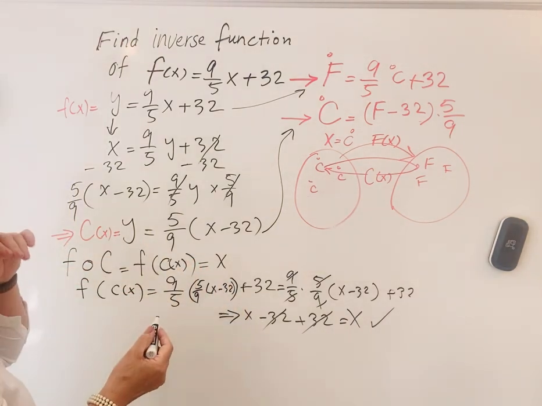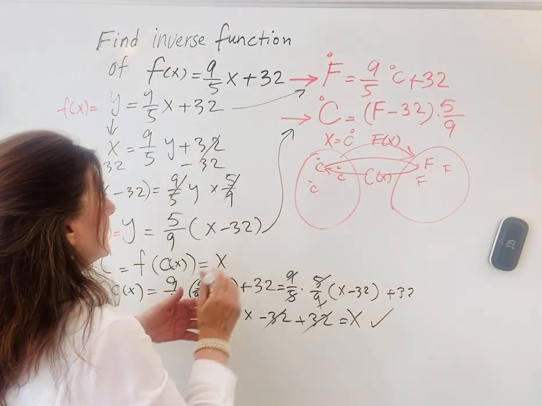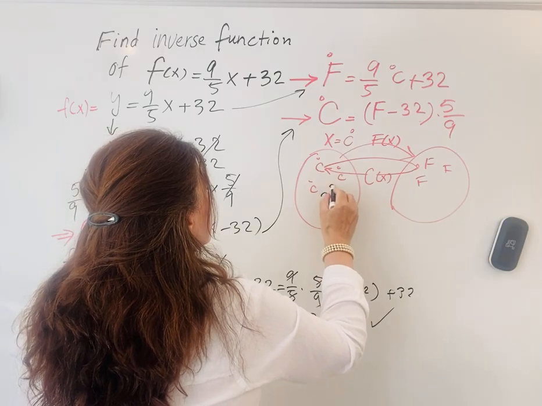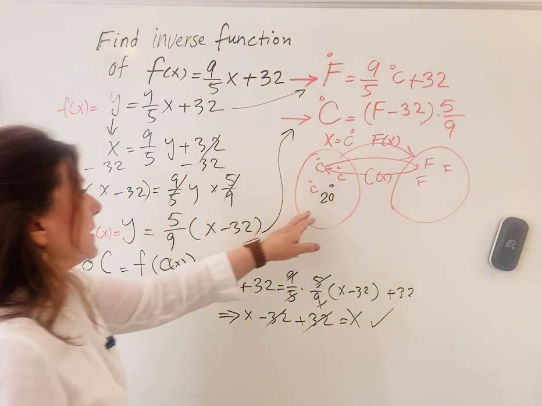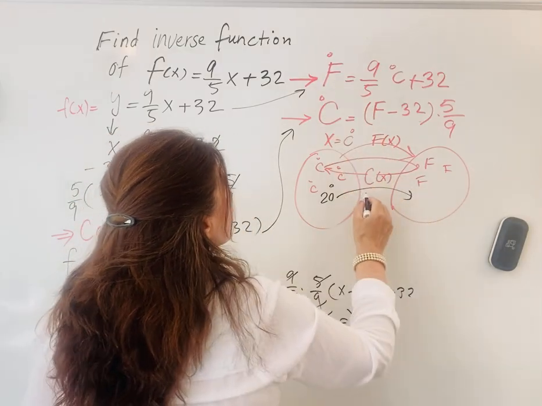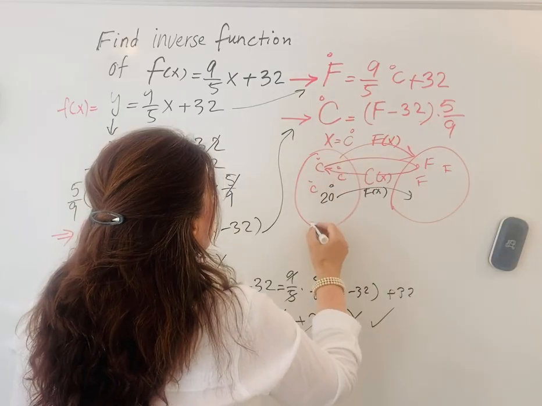For example, say C is 20 degrees. How much is it going to be in Fahrenheit? We use f of x.